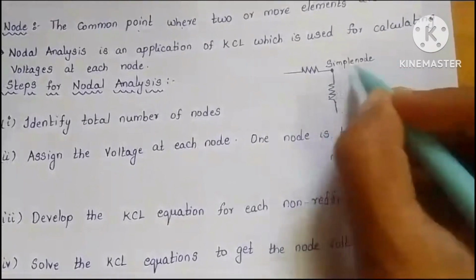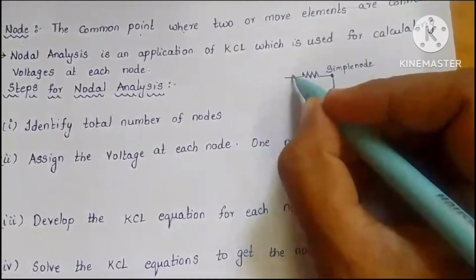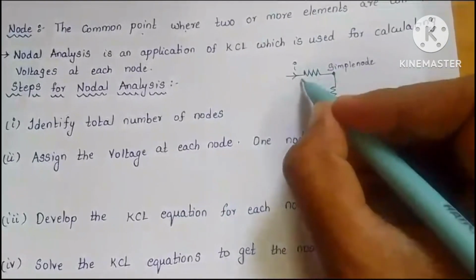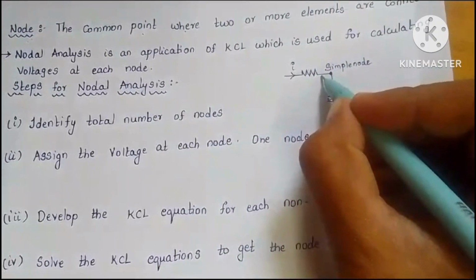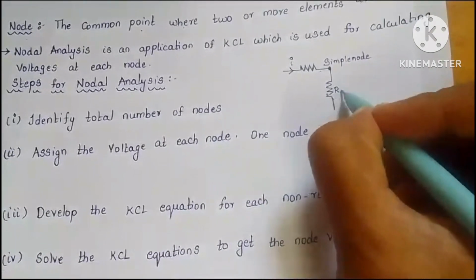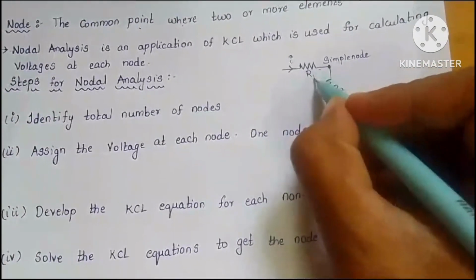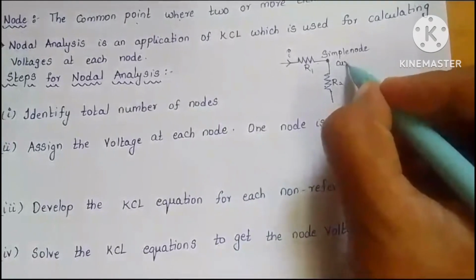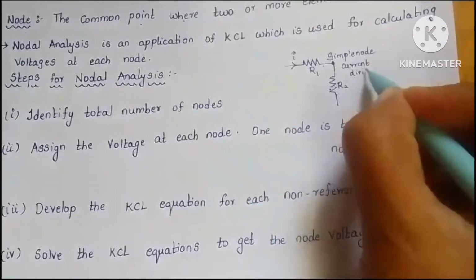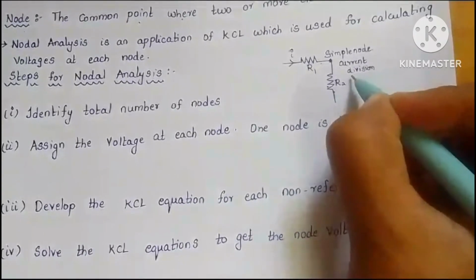When we have a simple node, if the current starts flowing from this resistor, the same current also flows through resistor R2. Therefore, current division is not possible in a simple node.